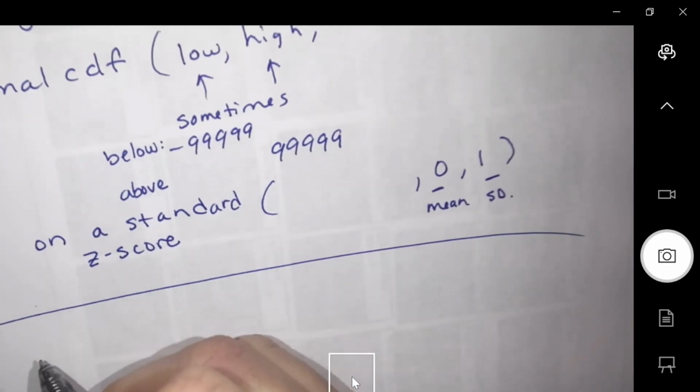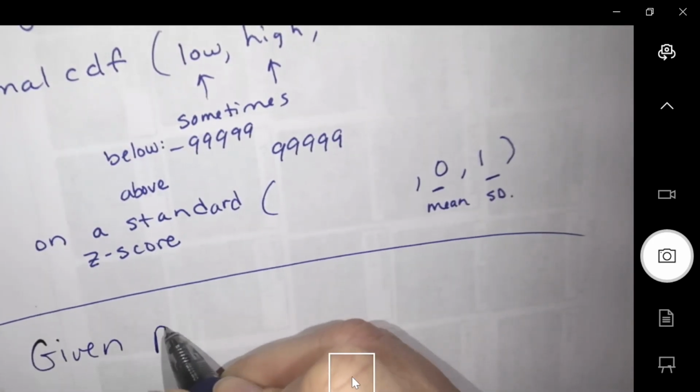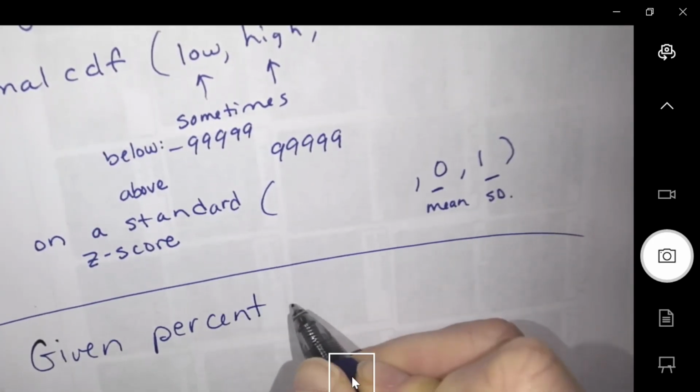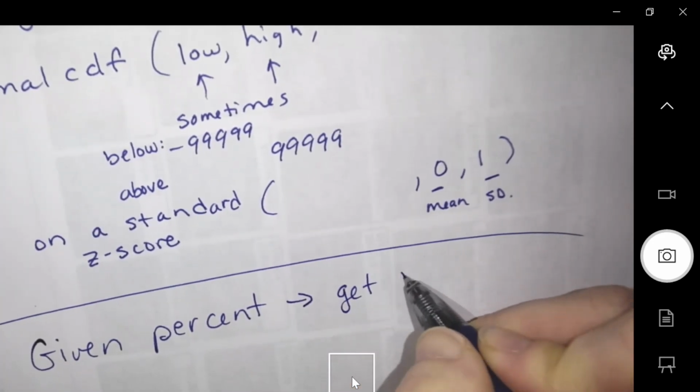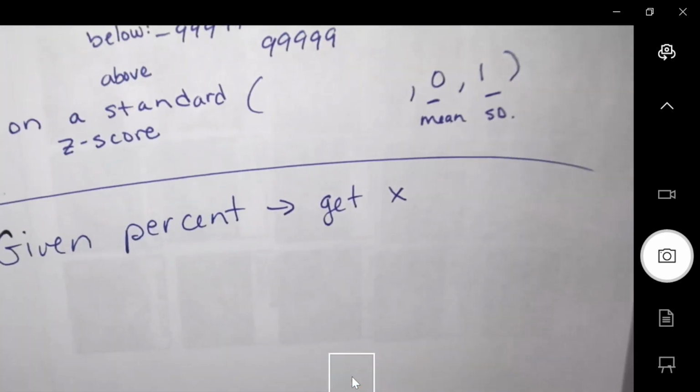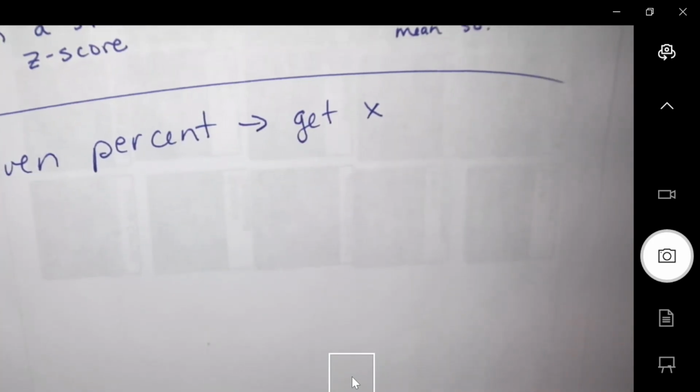Okay, the other is the other way. So I'm given the percent. So this is the opposite. So this time I've been giving you a percent and you got to get the x.